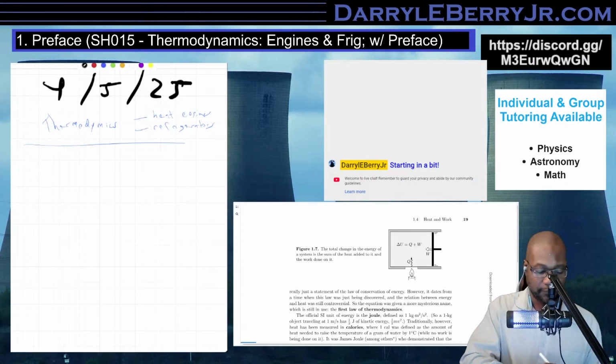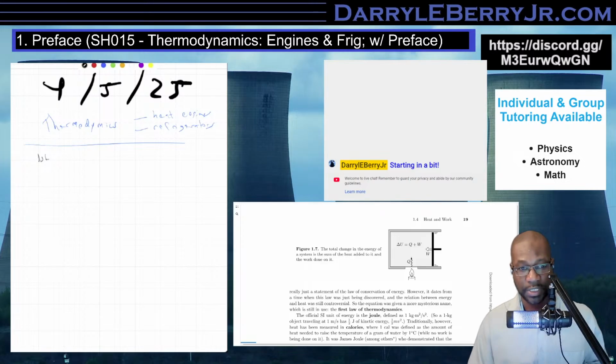So first law, which is shown on the screen there with this book. This is the book we're using in my thermodynamics class right now. An intro to thermal physics, if I recall the name.